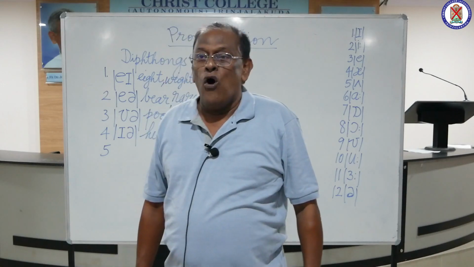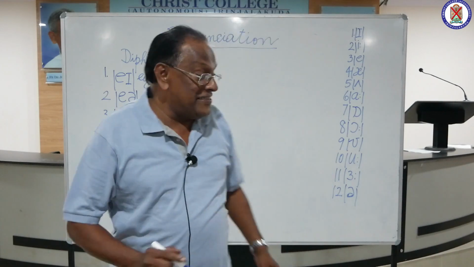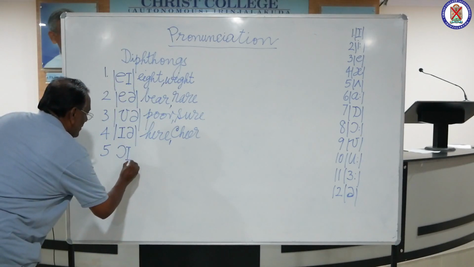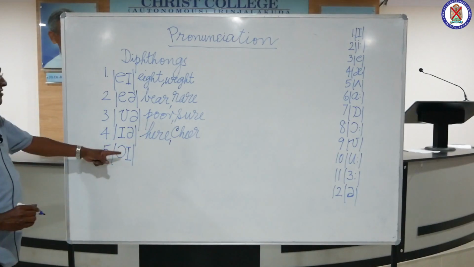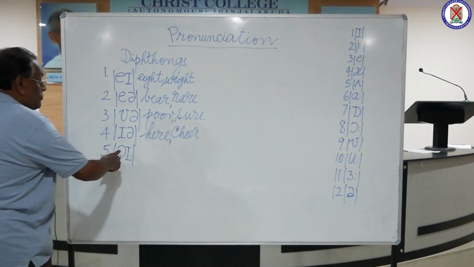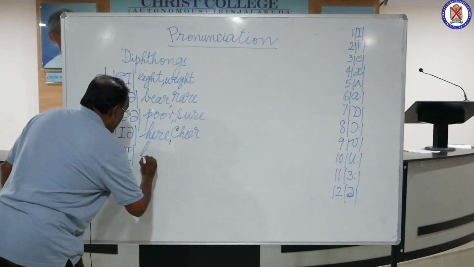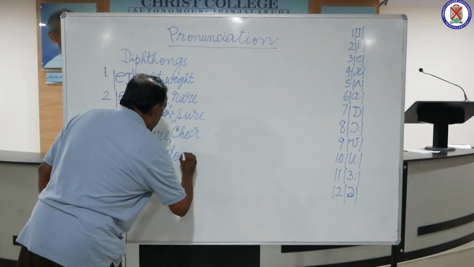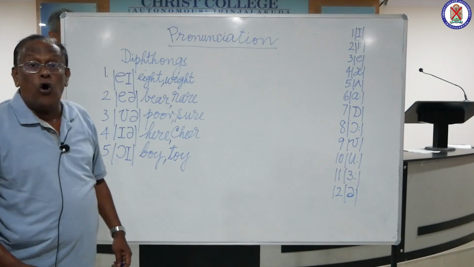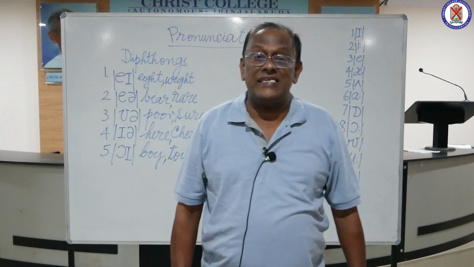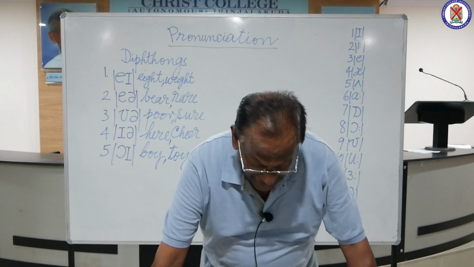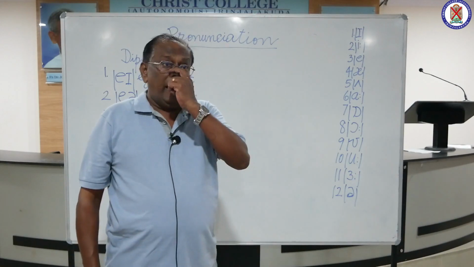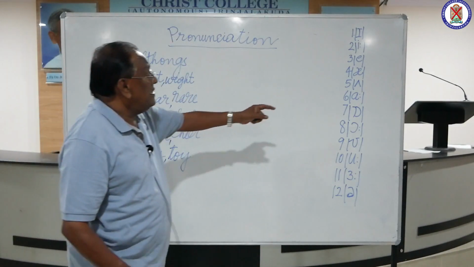You get the sound oi, and it is represented by O sound plus E sound. This is the fifth diphthong, and you have this sound in words like B-O-Y, boy, T-O-Y, toy, oi.